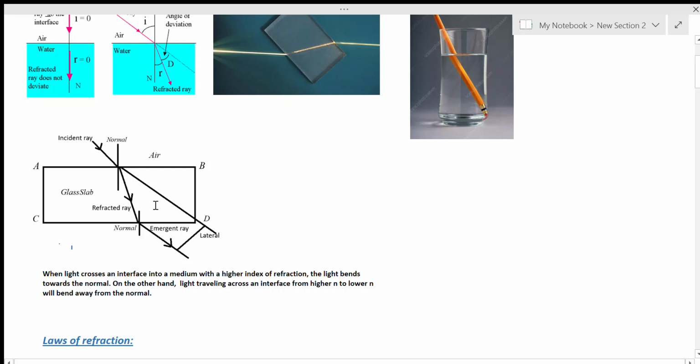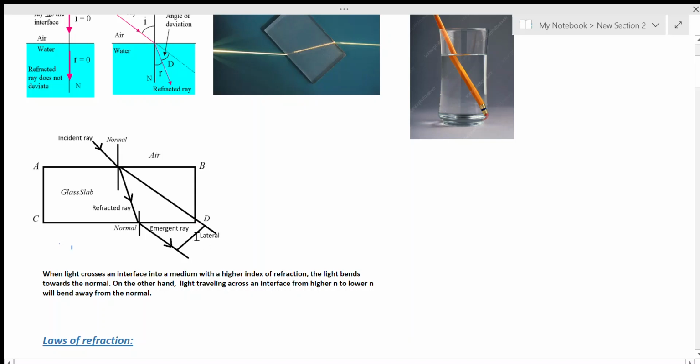Now you observe this figure. This is a glass slab, in the same graphical picture. You can see the incident ray coming over here. There is a normal at the point of incidence. Then this path is called the refracted ray. There is again a normal on the second interface. Then this portion of the ray is called the emergent ray. And this one over here is the extension of the incident ray.